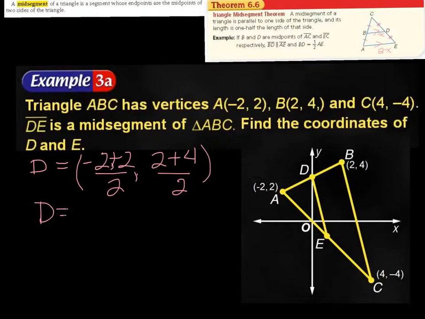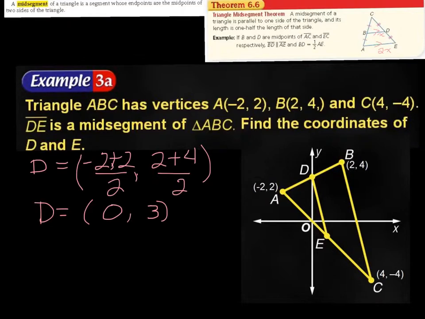So point D is going to be found at -2 plus 2 is 0, divided by 2 is 0, which is no surprise from the graph. 2 plus 4 is 6, divided by 2 is 3.